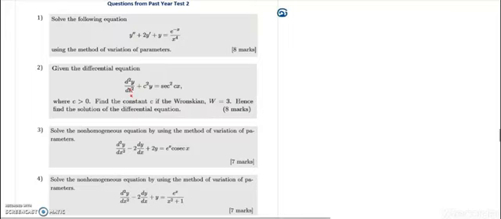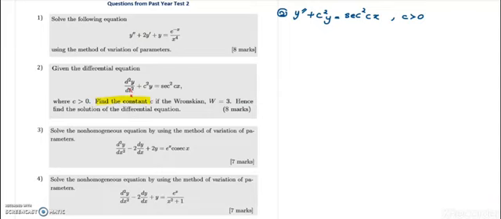Okay, so I can rewrite the expression of our ODE as y double prime plus c squared y equals secant squared cx, given that c is a positive number, c is greater than 0. You may want to highlight that part, because it is very important. First of all, we want to find the constant c.